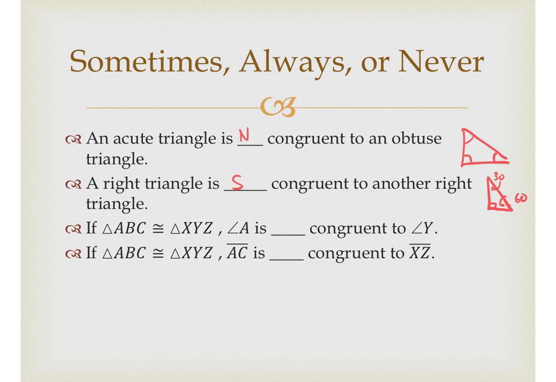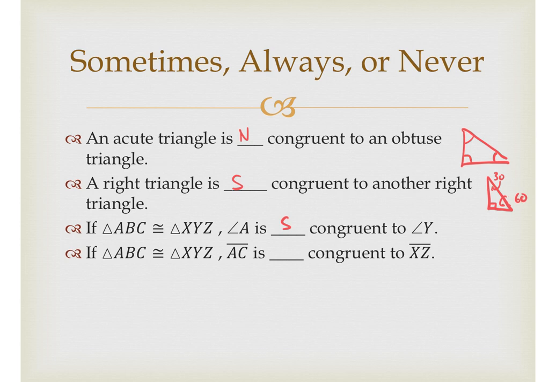So sometimes. All right, down here, if triangle ABC is congruent to triangle XYZ, this one's a little bit tricky. Sometimes. Angle A is sometimes congruent to angle Y. The reasoning on this one is you could have an equilateral triangle, an equiangular triangle.